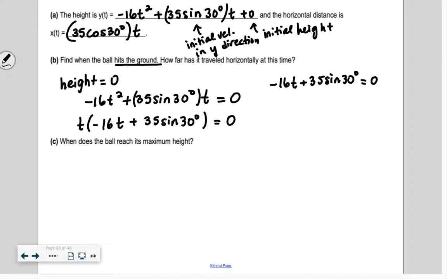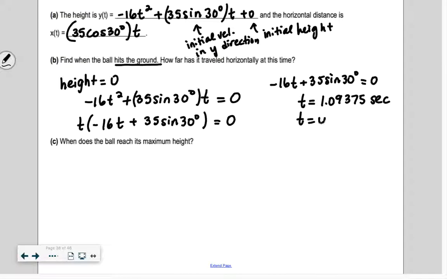I asked you to make sure you were in degree mode, and then mine was in radian mode. That's why my answer was negative. It doesn't make any sense if it's negative, right? So did you guys get like t equals 1.09375?